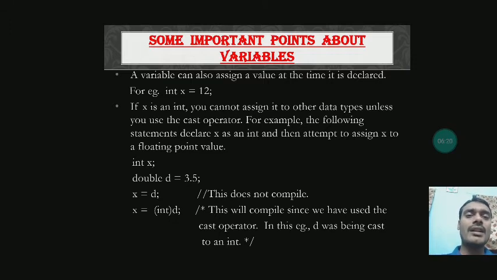So if I have declared integer x, we cannot assign x to other data types, like we cannot use x as float or double, otherwise some error will come. For example, the following statements declare x as an int and then attempt to assign x to a floating point variable. I have initialized x as an integer and now I am assigning x a floating point value.